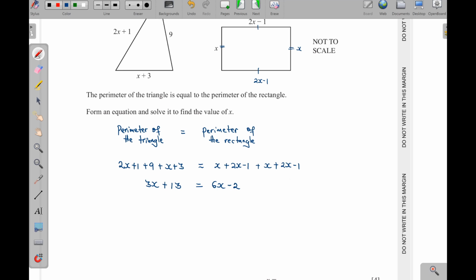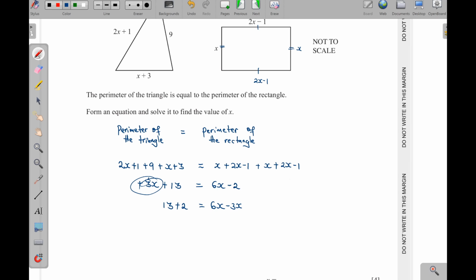You can collect like terms. I can say this is 13. When you take this one, this other side, it's a plus. Then when I take this one, this other side, it will become a minus. So 6x minus 3x. Remember, when we are solving equations, we undo operations. So this one is positive.